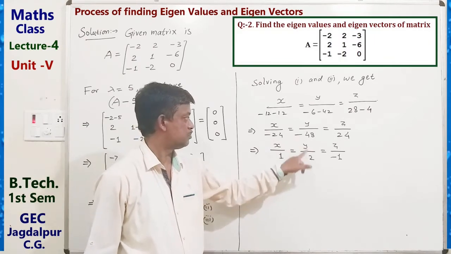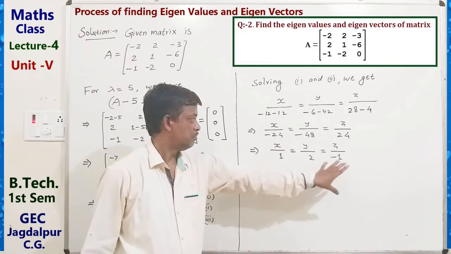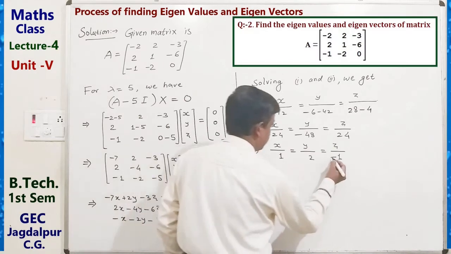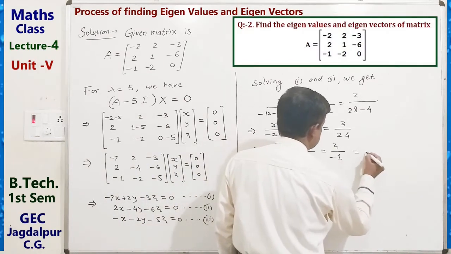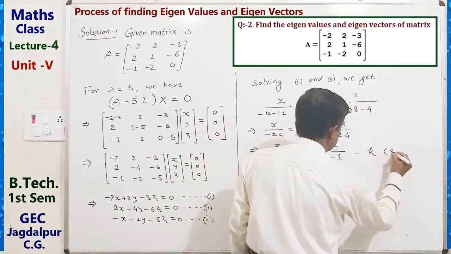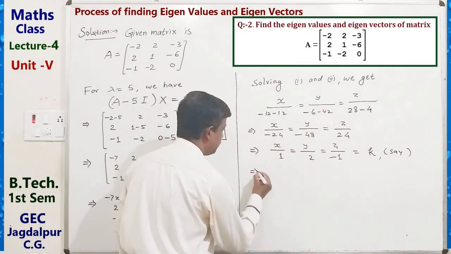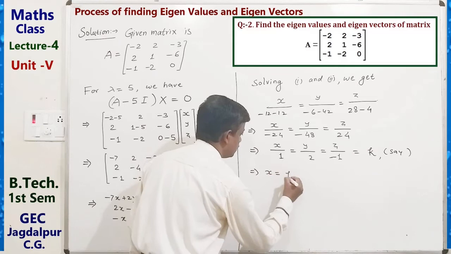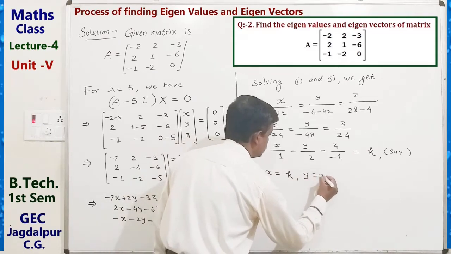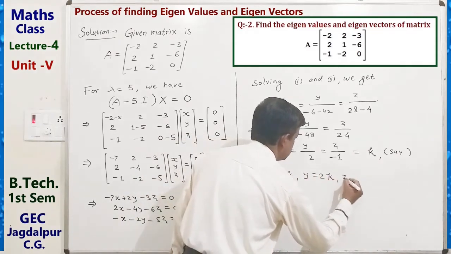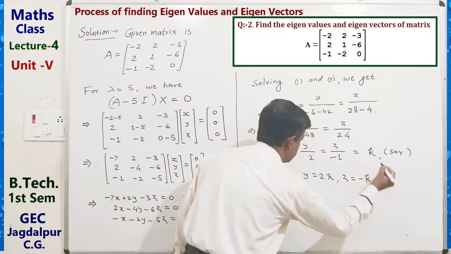Okay, and at this stage, just write it equals k, say. This implies x equals k, y equals 2k, z equals minus k.